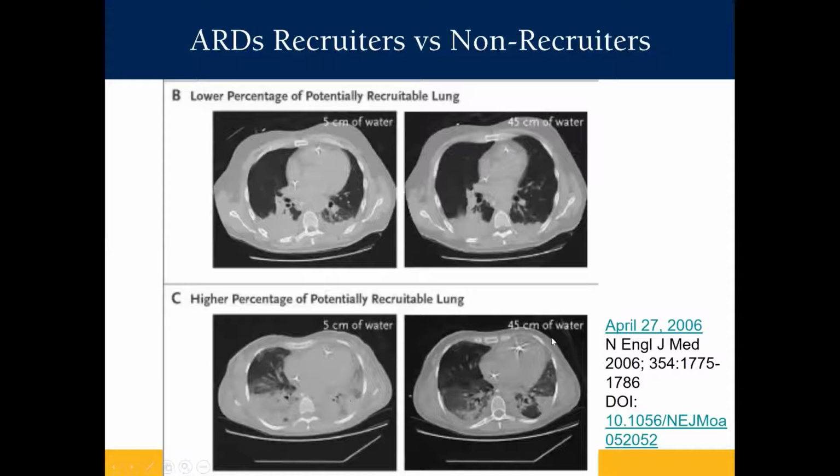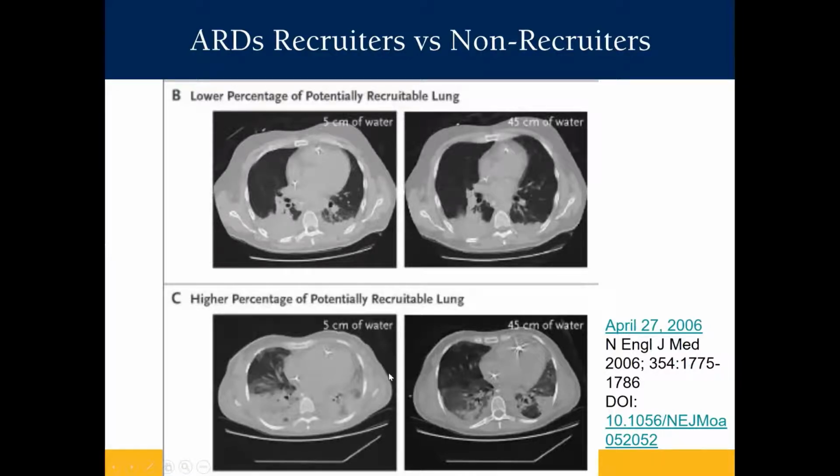Then they increased the pressure to 45 centimeters of water, and you can see that the lung is much more aerated. There's much more black area showing air in the lungs, and much more air on the right-hand side as compared to 5 centimeters of water. So this is what we would say is a recruitable lung, where we're able to open it up and actually ventilate it more.